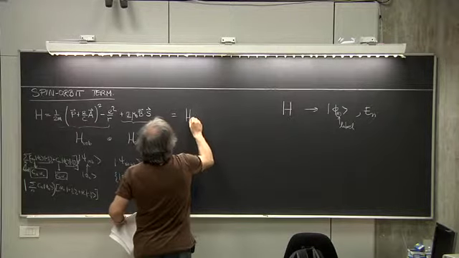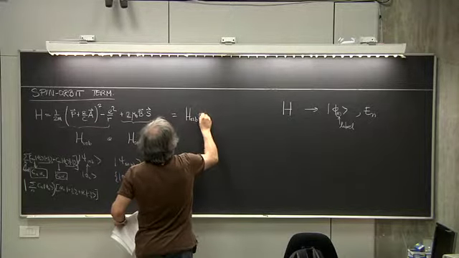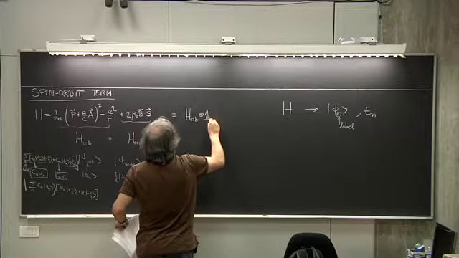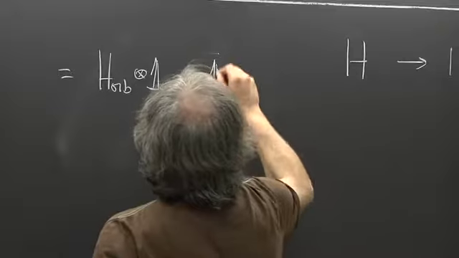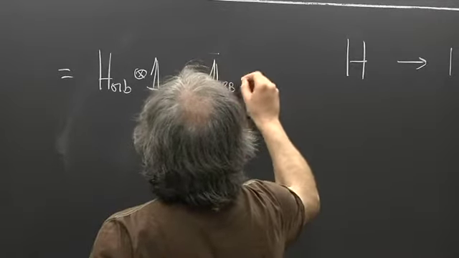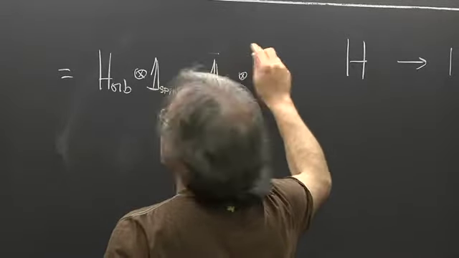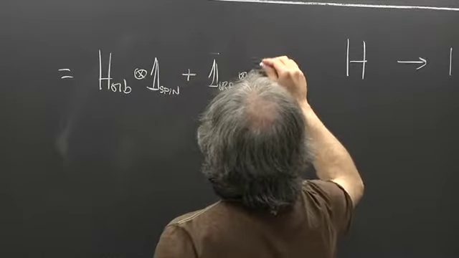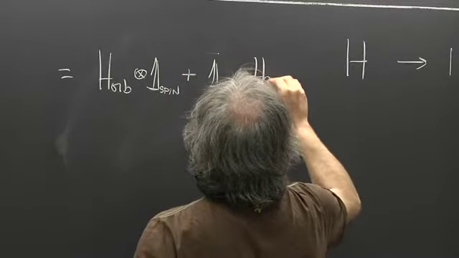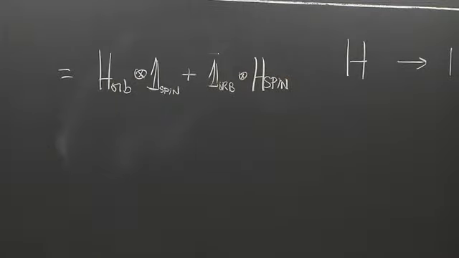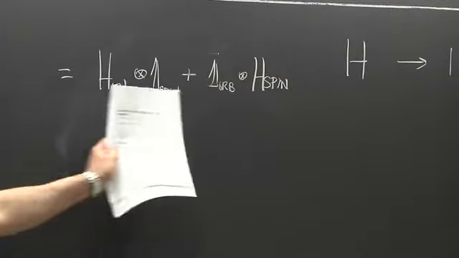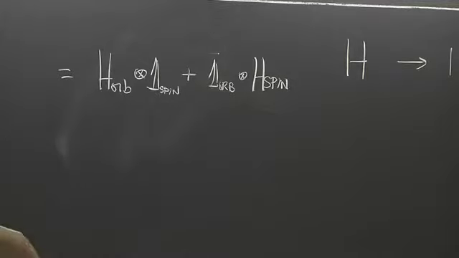an orbital part times the identity in the spin sector, plus the identity in the orbital part times some Hamiltonian in the spin space, some H spin. If I have a Hamiltonian like this, I can always think of working with states that are of this type.